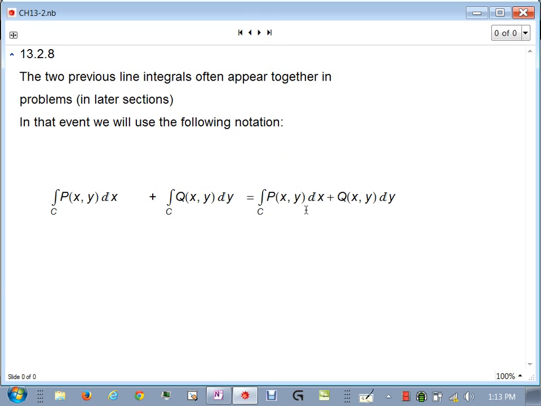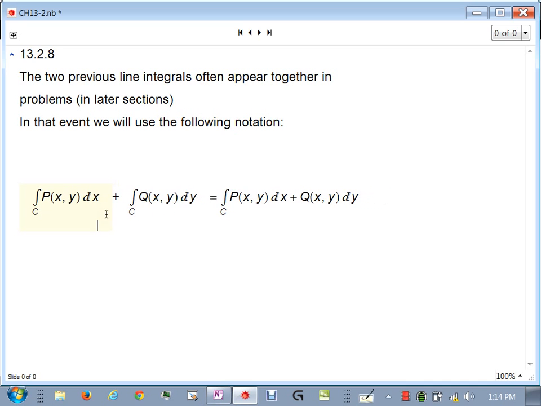So a lot of times, especially later on, we'll probably get to it today, those two different line integrals will appear together in the same problem. So if you want to do the line integral, let me take some of that space out of here. Oh, I can't. There we go. That's supposed to be a little bit closer together there. If you want to do the line integral along the curve C of P of x, y with respect to x, plus the line integral along C of Q of x, y, so two different functions, dy, then you can add them together like this.